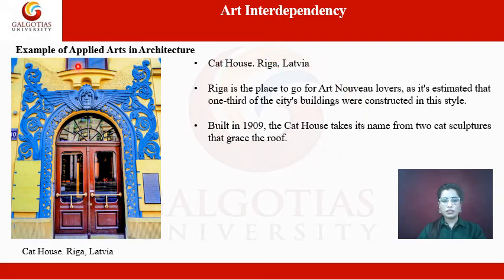Here you can see in this image, this is the Cat House. Riga is the place to go for Art Nouveau lovers, as it's estimated that one-third of the city's buildings were constructed in this style. This was built in 1909. The Cat House takes its name from two cat sculptures that grace the roof.